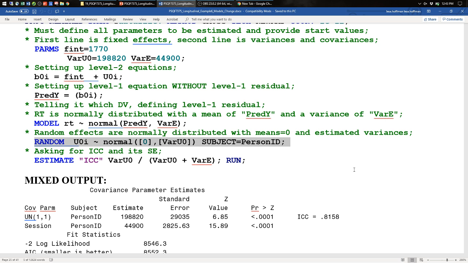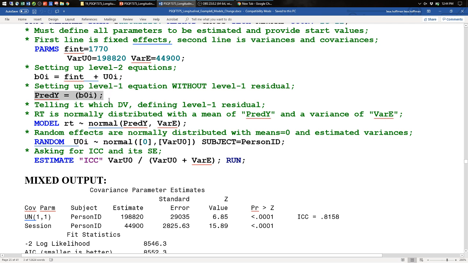More specifically, we are allowed to have different distributions for random effects. So I am saying that my random intercept is normally distributed with a mean of 0 and a variance of its random intercept variance. The level 1 equation without the level 1 residual is right here, is pred y.